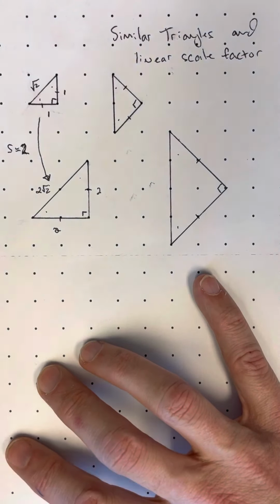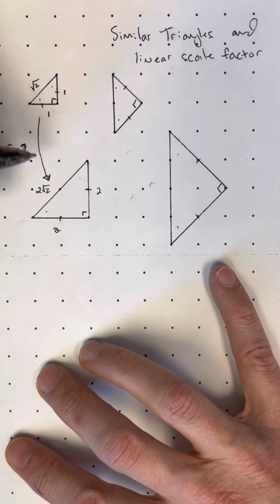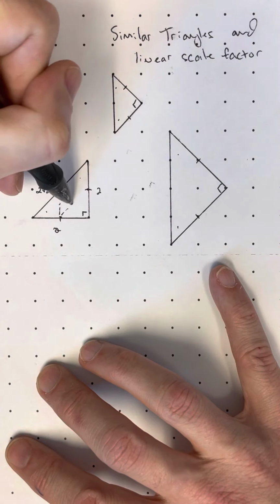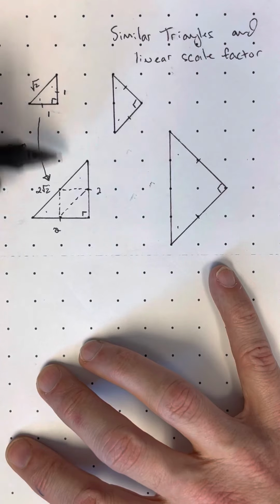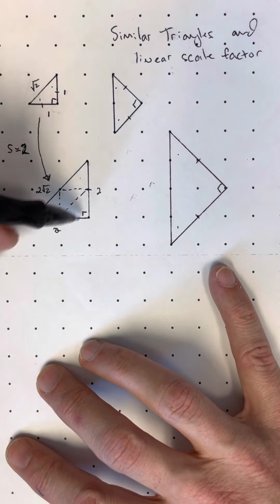One thing to notice when you have scale factor 2 is you can chop this guy up into 4 of the original triangles. This one's sort of spun around, but 1, 2, 3, there's 4 copies of this triangle in this triangle.